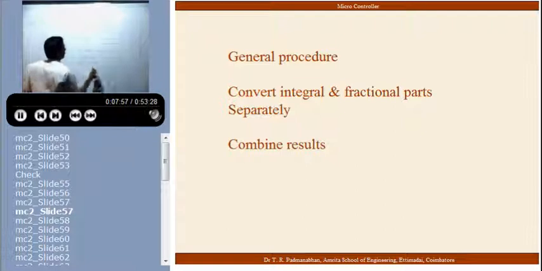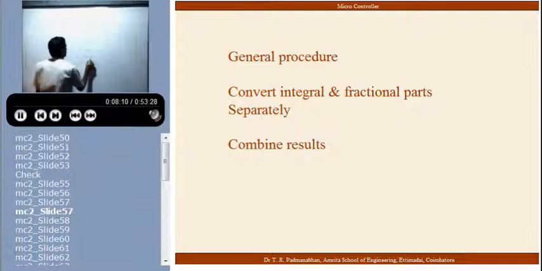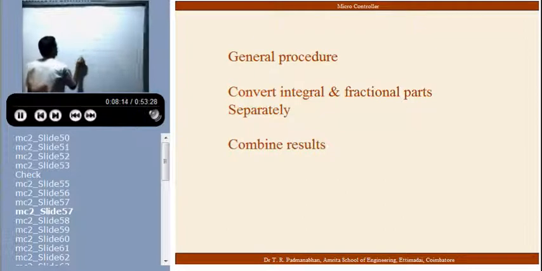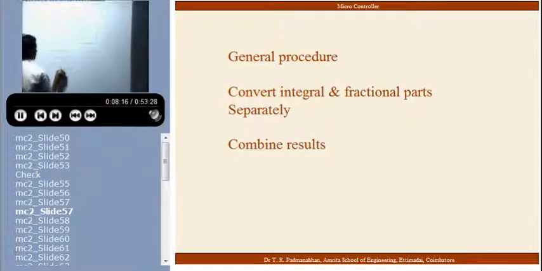If I add up all this, I will get here a 5, 7, 0.25 at the end.